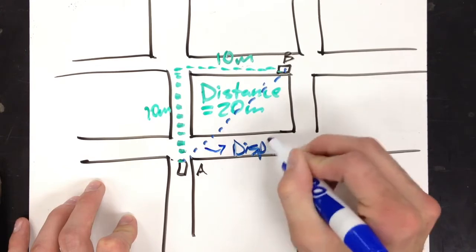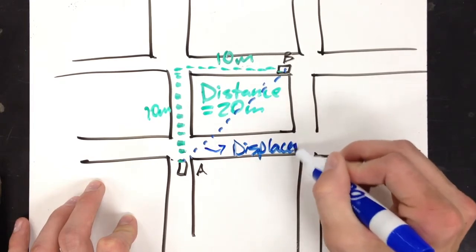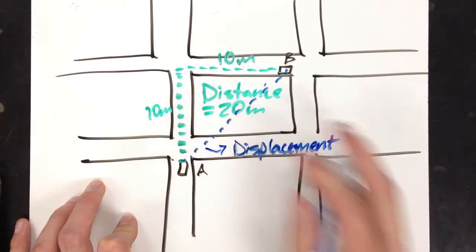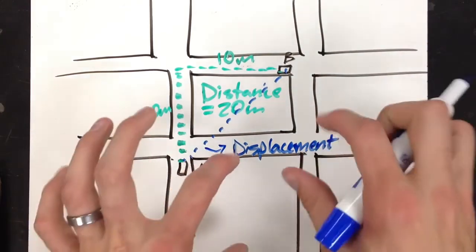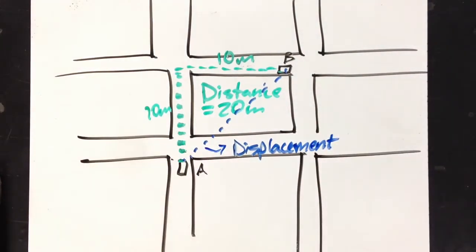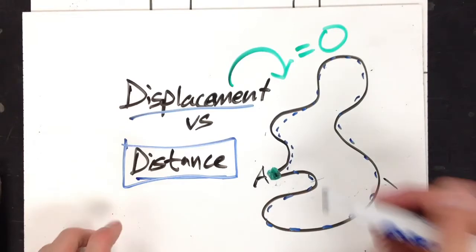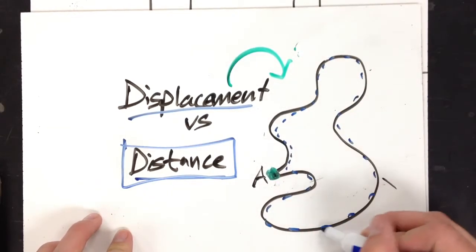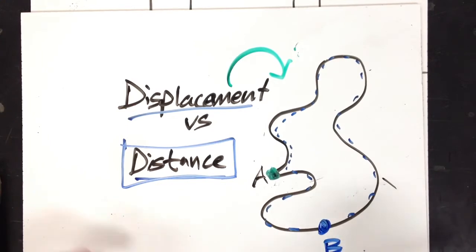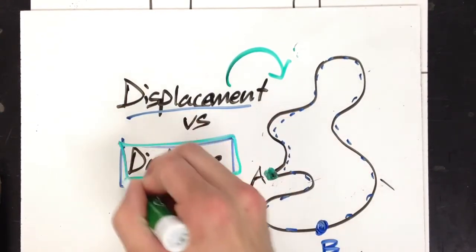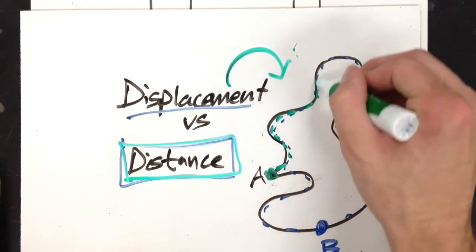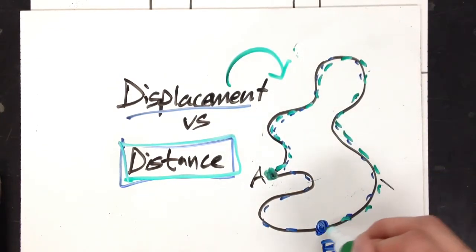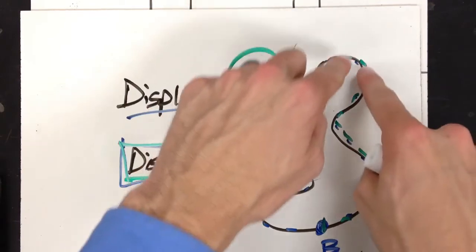Now, displacement will always either be the same as your distance or shorter. So think back to our park. What if instead of going all the way around, what if I ended up right here? Well, the distance that I traveled would then be from here all the way around, and then I would only stretch this section.